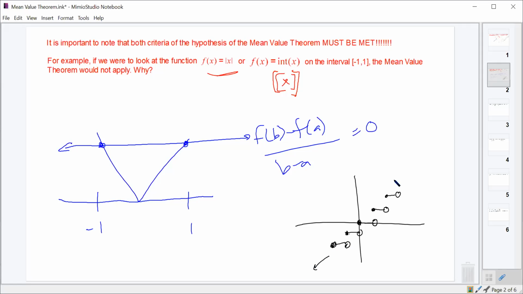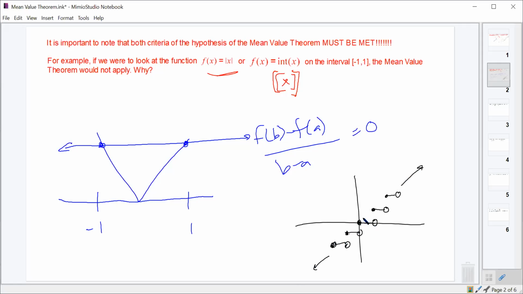It goes forever up like this and up and down like that. Greatest integer function, right? Well, if I were to take any 2 points on here, let's just say I picked from 0 to 1, the slope of the tangent line there would be, I'm going to go from 0, 0 to the point 1, 1, that slope would be 1, right?